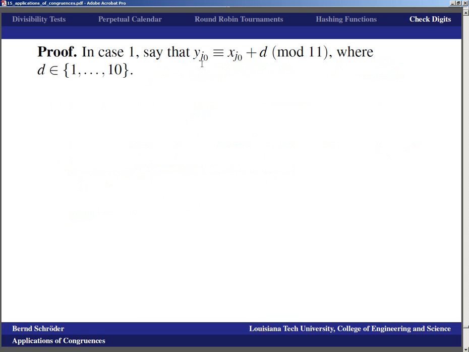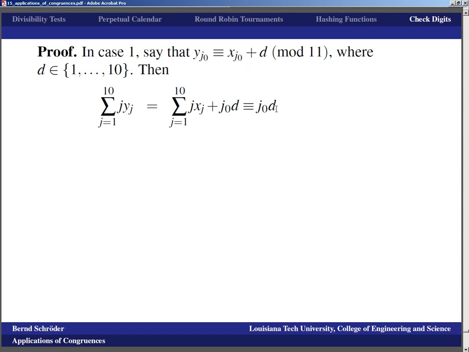Well, case 1. Say that y_j0 is equivalent to x_j0 plus d modulo 11, where d is a number between 1 and 10, right? And that's as far as that can wrap. Well, then you have that the sum over j equals 1 to 10 of j y_j is the sum of j x_j plus j0 times that extra d.